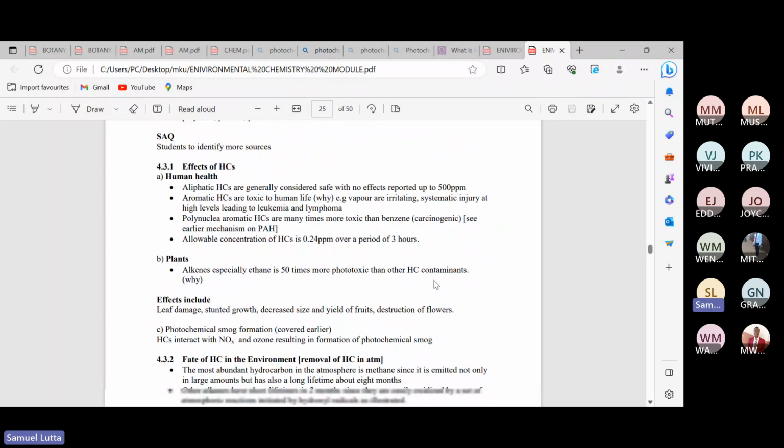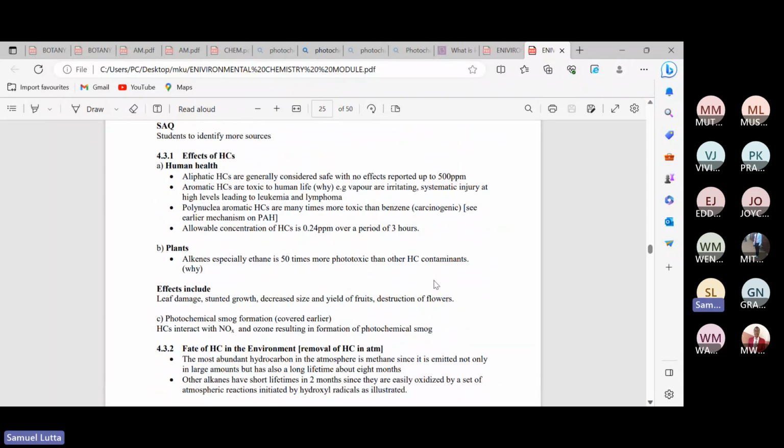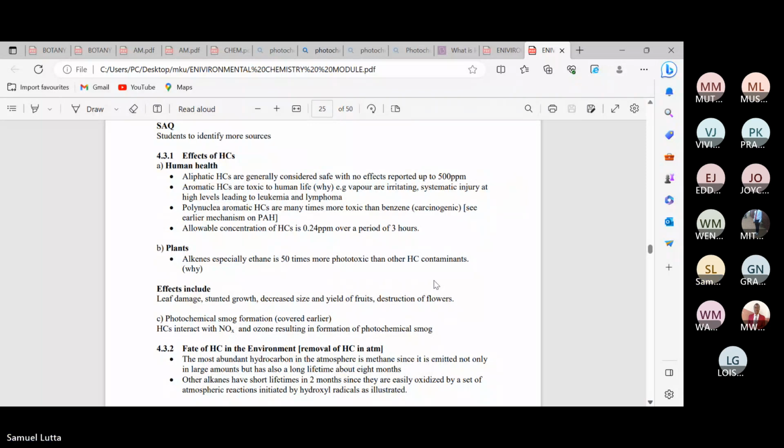For plants, these can also affect the plants. How do they affect the plants? They can affect the plants just the way they affect the other creatures in the soil. When you have these organics, most of them are not water soluble, so they are likely to affect the plants by affecting the uptake of water and other minerals.